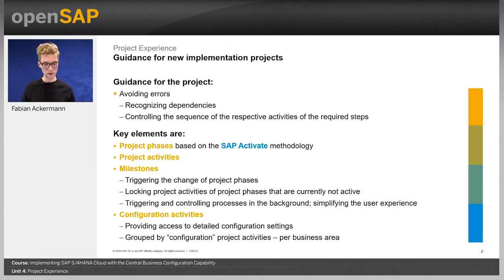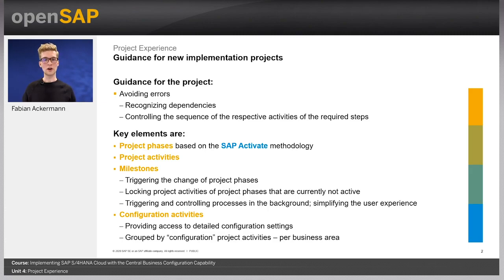And also the milestones make sure that project activities that are not active or relevant to a certain project phase are locked and cannot be accessed. What's more, the milestones also trigger and control background processes for you that are not business relevant, and that of course simplifies the user experience for you.